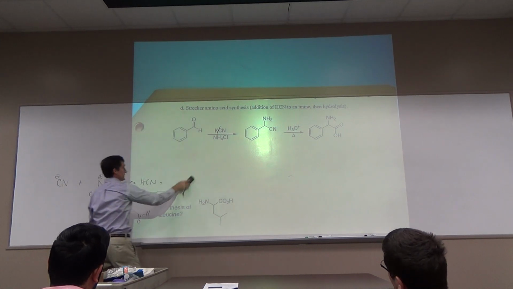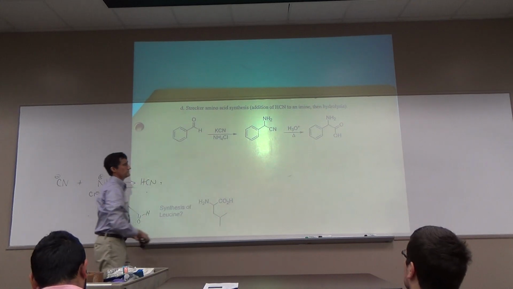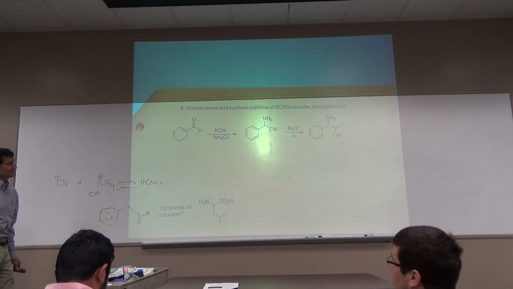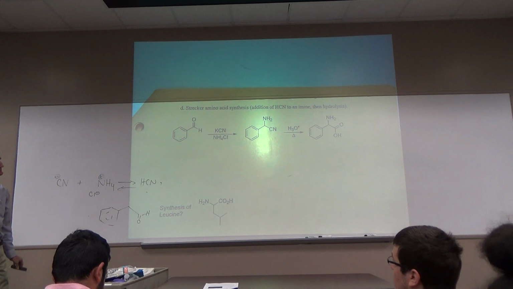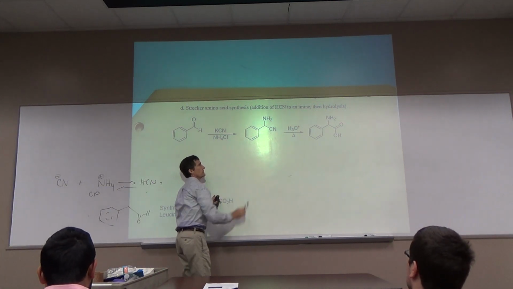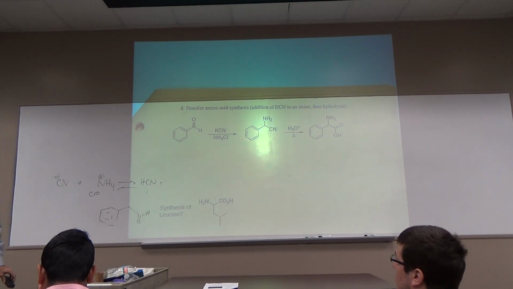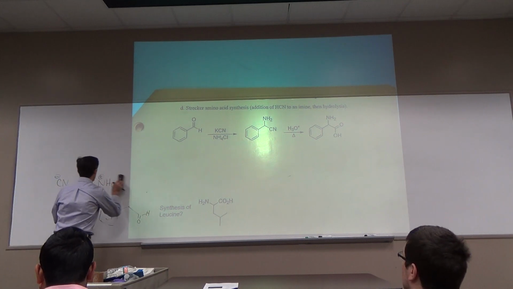The big thing here is, do you understand the sequence of chemistry, the mechanistic steps in forming this? I'm not sure of the name of this functional group. It's not significant enough to learn here. It's analogous to the cyanohydrin. It's got a name, but I can't recall it right now.